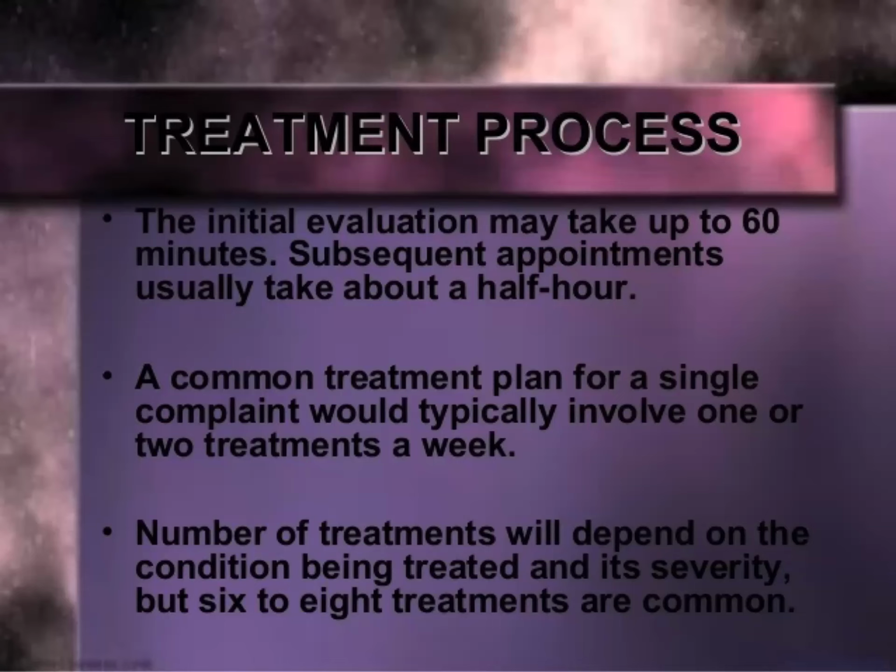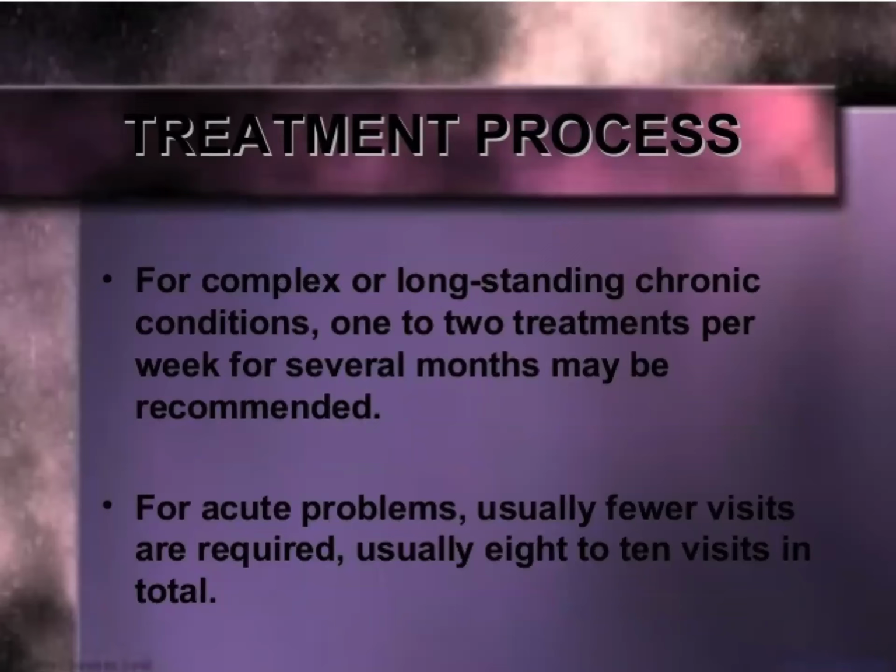The number of treatments will depend on the condition being treated and its severity, but 6 to 8 treatments are common. For complex or long-standing chronic conditions, 1 to 2 treatments per week for several months may be recommended. For acute problems, usually fewer visits are required, usually 8 to 10 visits in total.